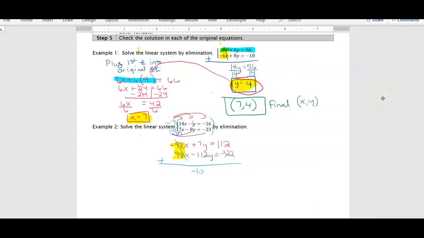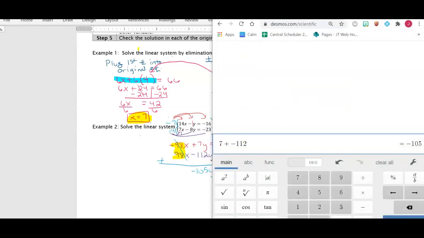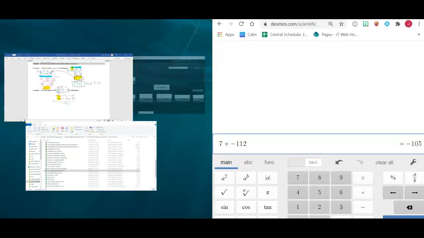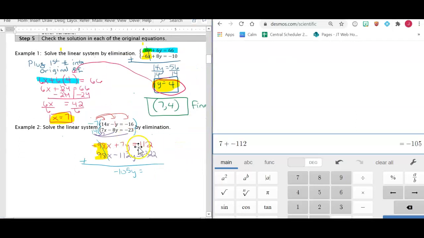So -105y equals, and then I have to do my next math problem, which is 112 plus -322, sorry.